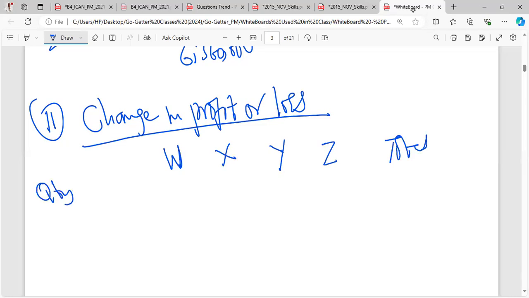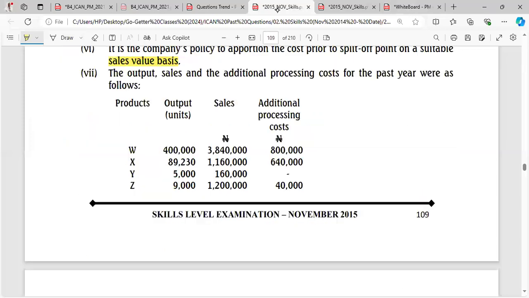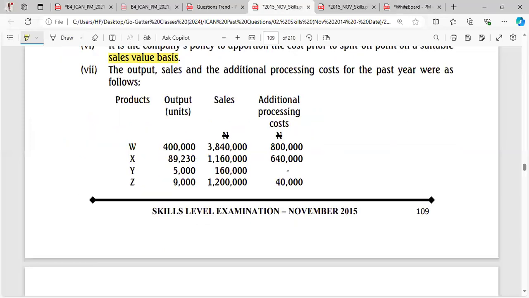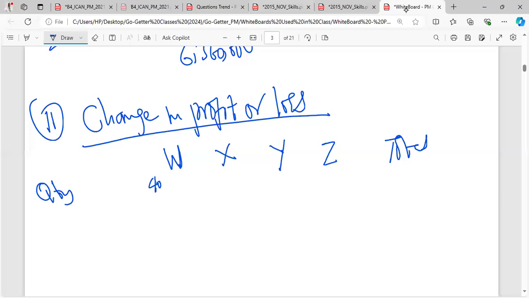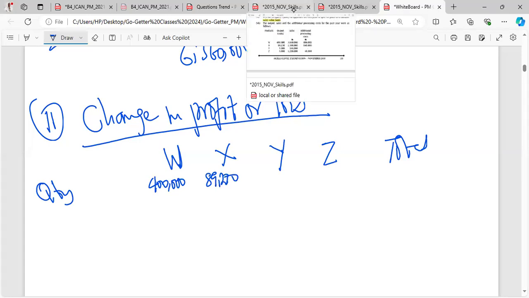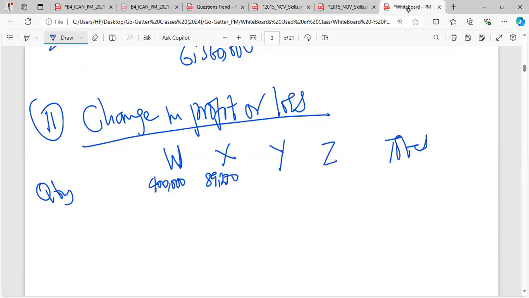So we have quantity. What were the quantities? 400,000, 89,230, 5,000 and 9,000. These are quantity. Then this is price. I will say selling prices.